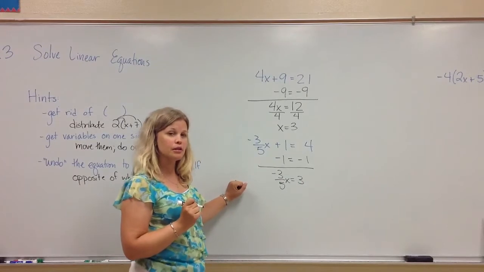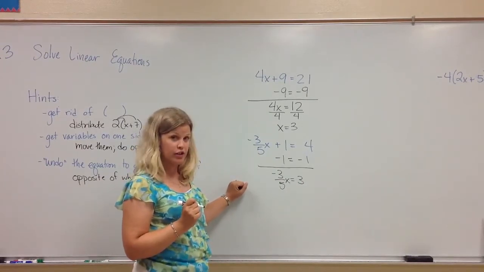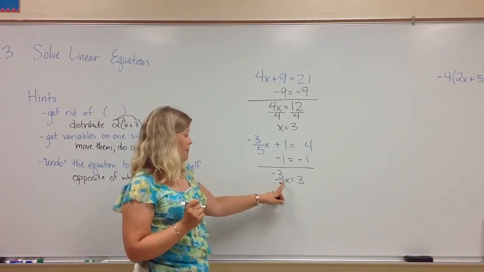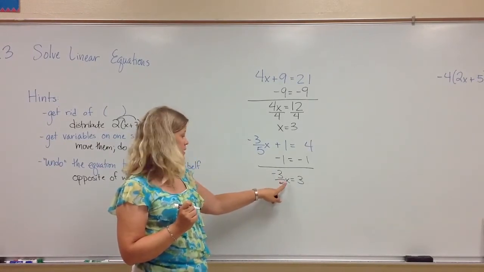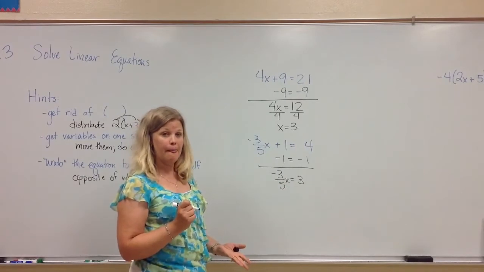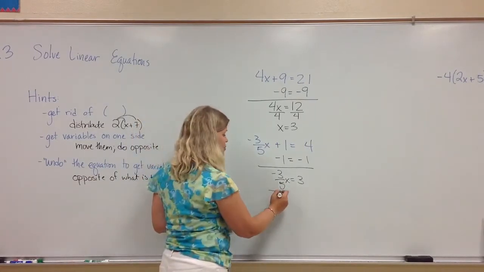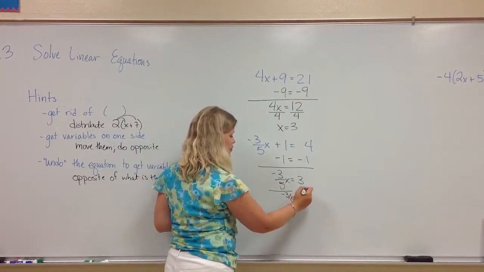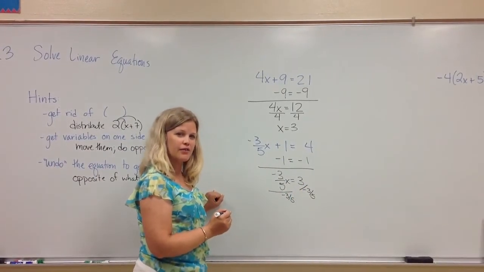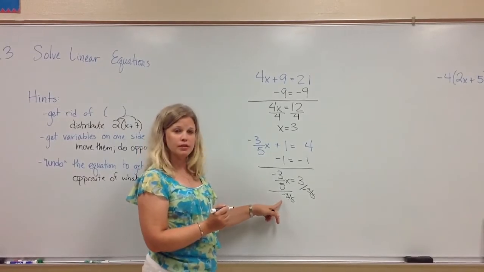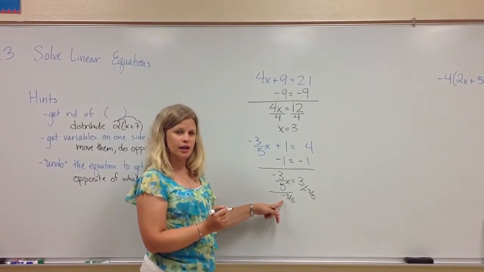Now this one's going to be a little trickier. Hopefully you're not afraid of fractions. They're just a number. But think about what is going on between negative 3/5 and the x. We are multiplying. So I guess we should divide by negative 3/5, but oh my, doesn't that look messy? Do any of you remember what dividing by a fraction is like?